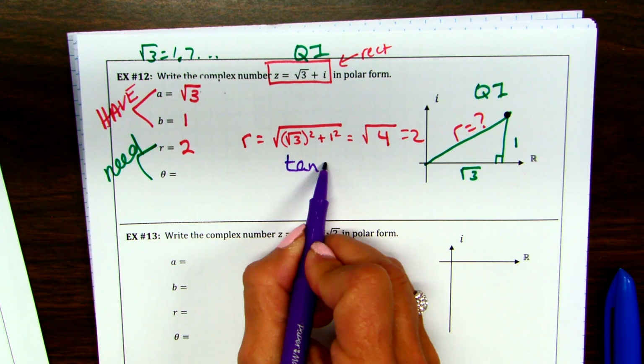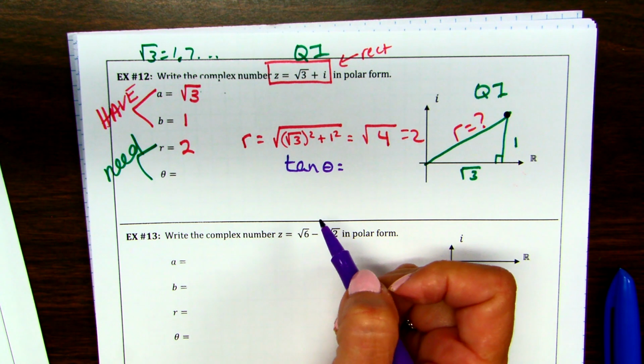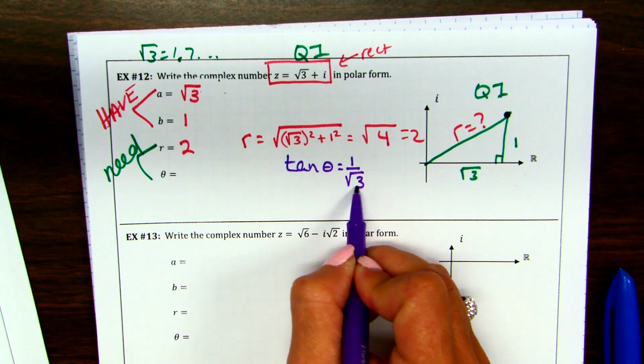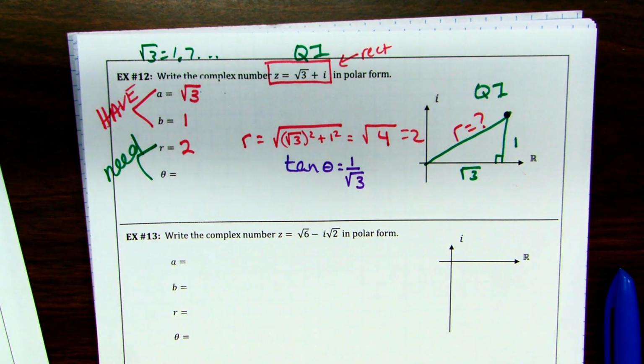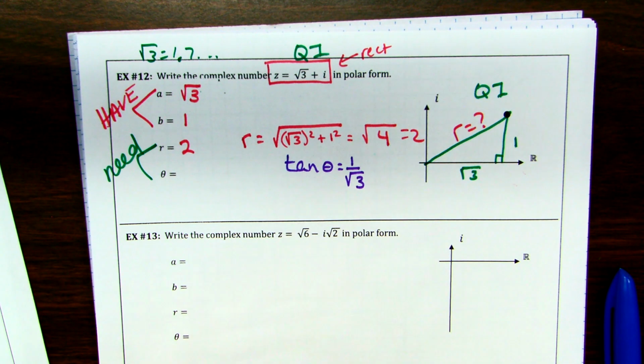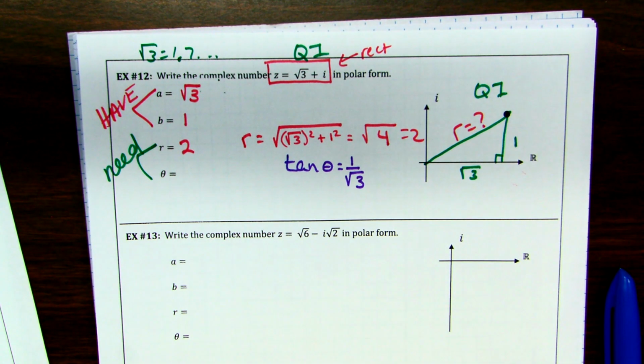Tan of theta equals y over x, sine over cosine, b over a, whatever you want to call it. Now listen, we have seen this fraction many times. We're seeing it again here in our notes. You'll see it again in your homework, the same exact fraction. You can either remember that this always simplifies to the square root of 3 over 3.